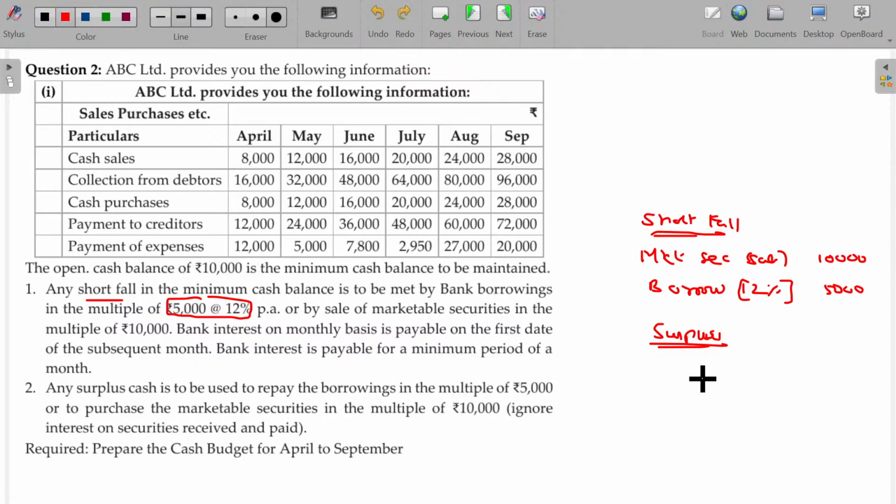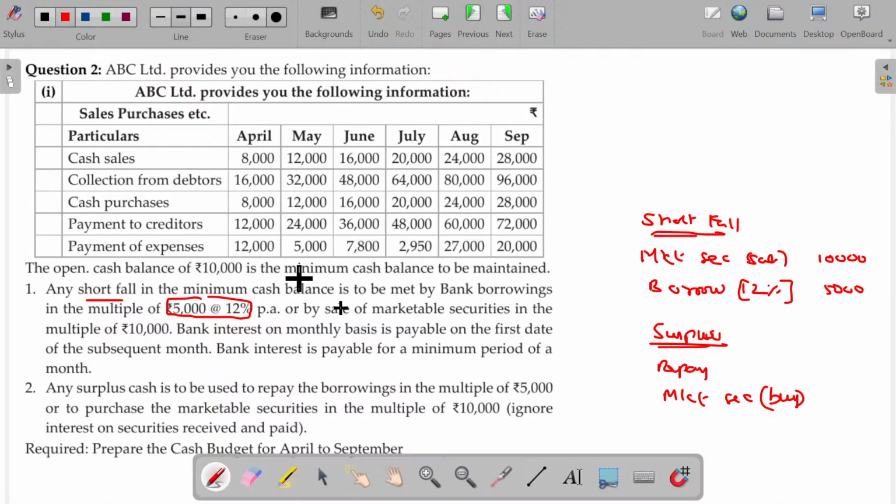Repay the borrowings, or you can go for investing in marketable securities. Loan can be repaid and marketable securities can be purchased fresh. It means investing, with the same lot size of 5,000 and 10,000.